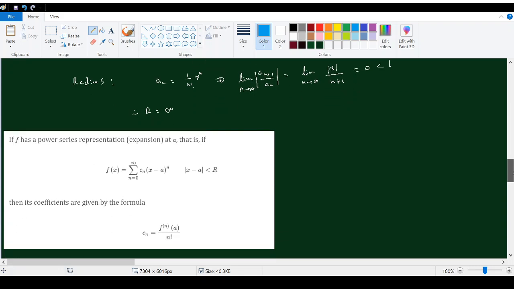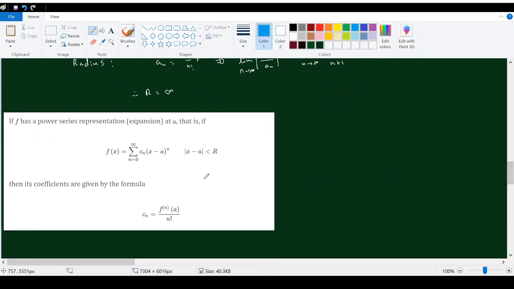So what it says is, for any center point, if the function has a power series, then the only problem we will get is to find these Cn coefficients, right? So if you can find these Cn coefficients, then that means we have obtained the power series expansion of that specific function, right?